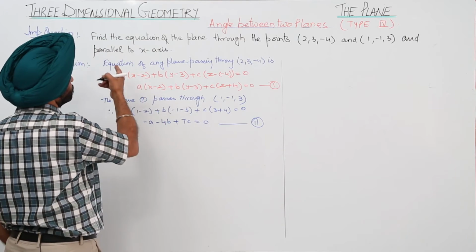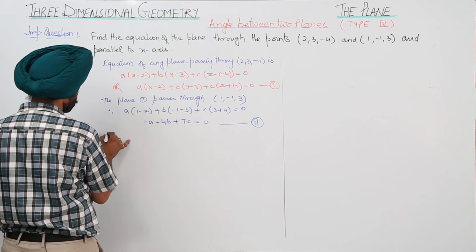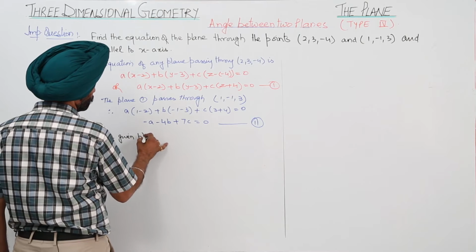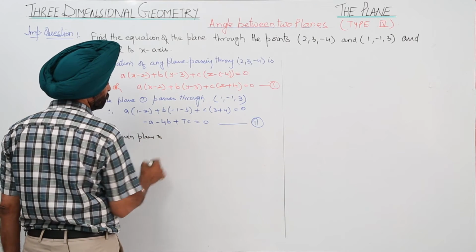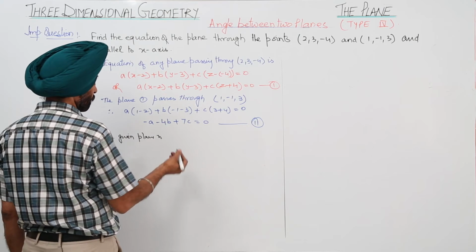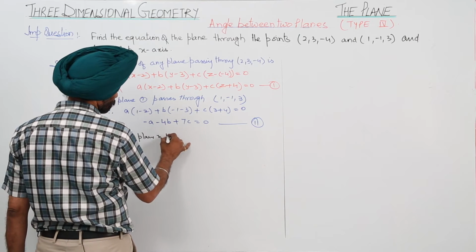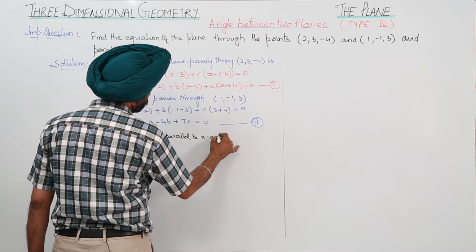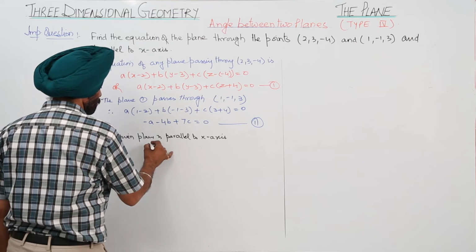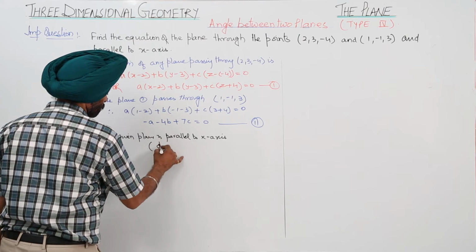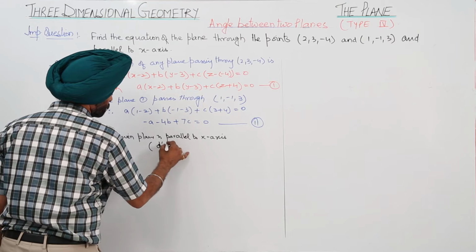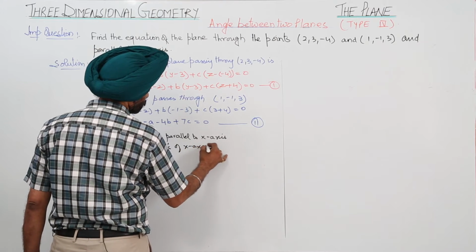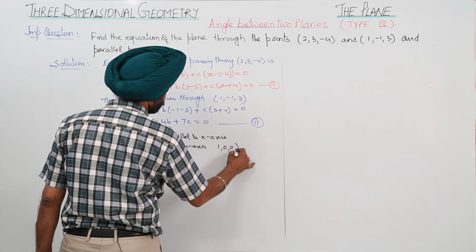Now it is given that it is parallel to the x-axis. Now the given plane is parallel to x-axis and direction cosines of x-axis are 1, 0, 0.